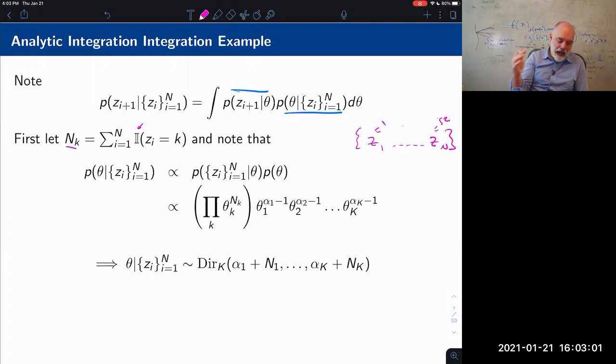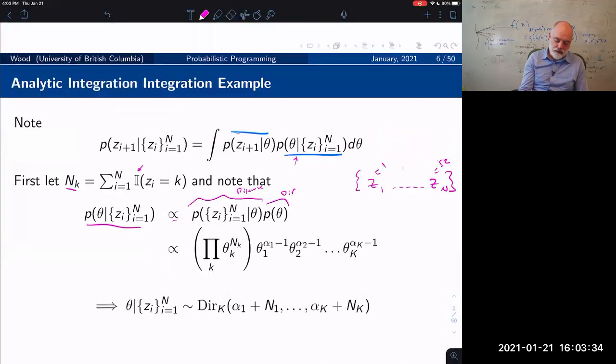Okay, and note that in order to form this posterior distribution, which is the first thing we need to do, we write down the form of the posterior distribution as the likelihood under the discrete distribution times the prior, which is Dirichlet, given the forms before, right? And that looks like it's proportional to, we're using proportionality, so we're ignoring normalization constants for the moment.